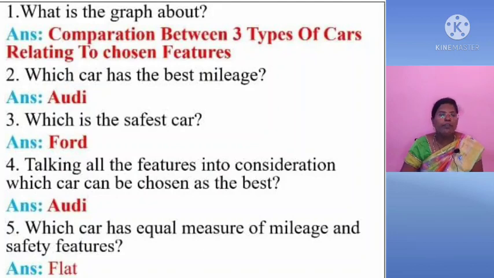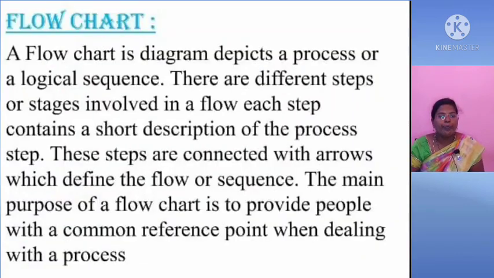Okay. Next we will go for the last part of the diagrams, flowcharts. A flowchart is a diagram that depicts a process or logical sequence. Sequence means order. There are different steps or stages involved in a flowchart. Each step contains a short description of the process step.